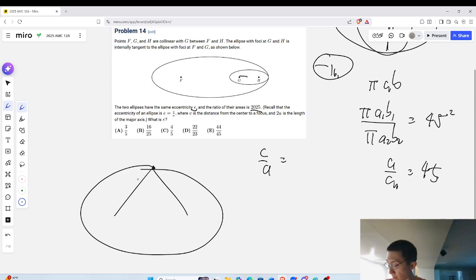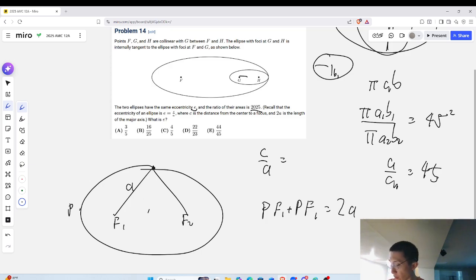So if we take foci F1 and F2 and a point P, then PF1 plus PF2 is a constant, and this is the focal length constant of the ellipse.